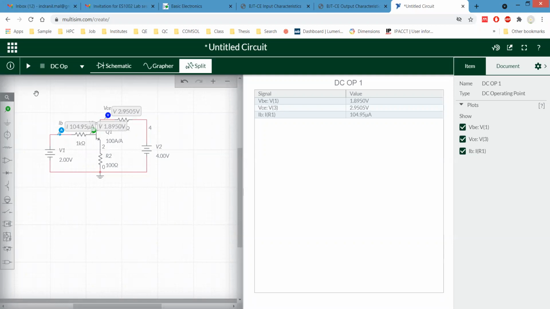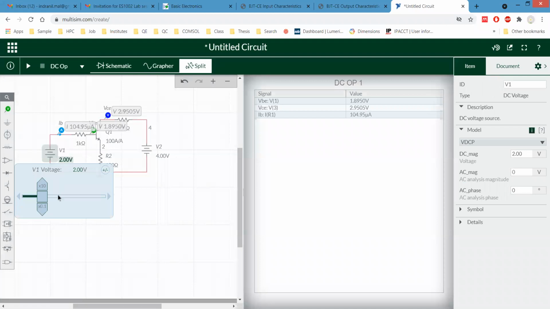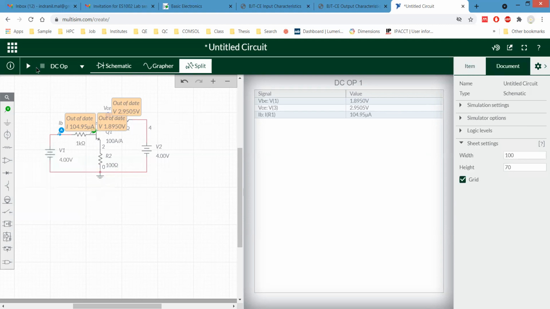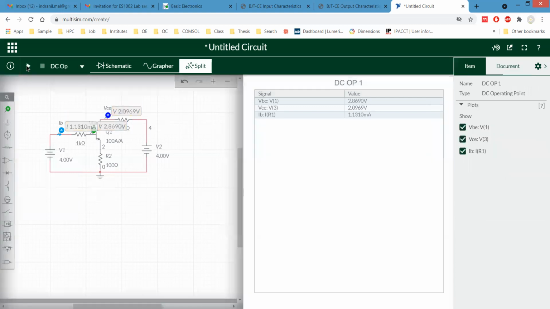Now let's check it for 4 volt. For 4 volt, the VB is 2.86 and the IB is 1.13 milliamps.